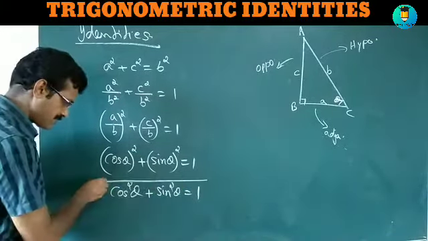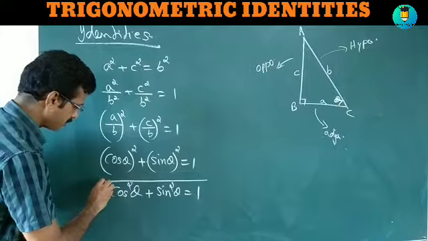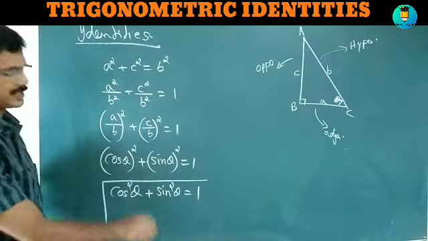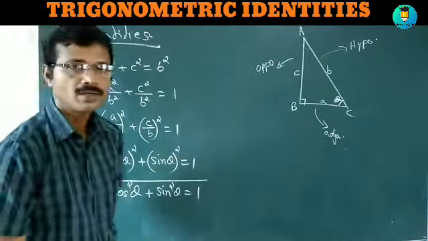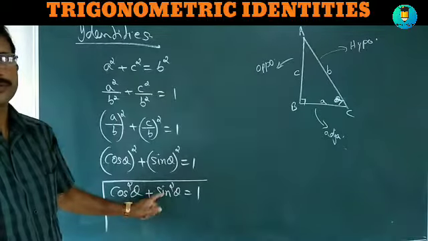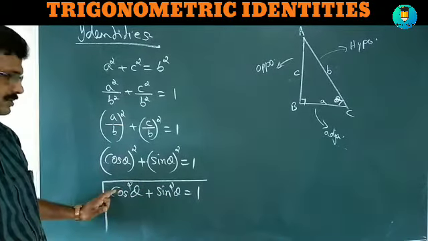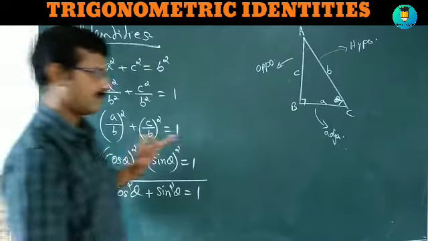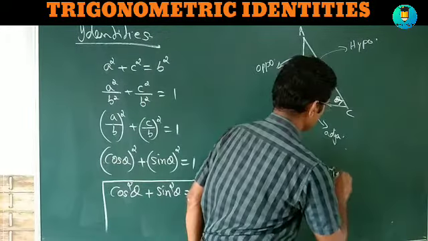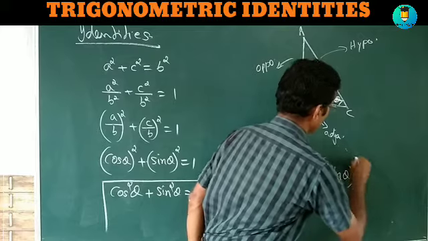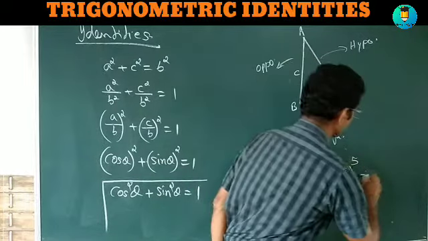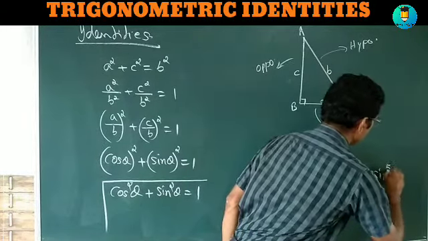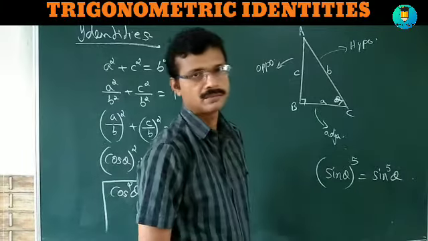This is the first identity we are going to make. First identity: cos square theta plus sin square theta is equal to 1. You have to memorize this. Or we can say sin square theta plus cos square theta is equal to 1. Here you have to be careful about the power. Whatever the power may be, if it is written like sin theta whole to the power 5, its meaning is sin to the power 5 theta.